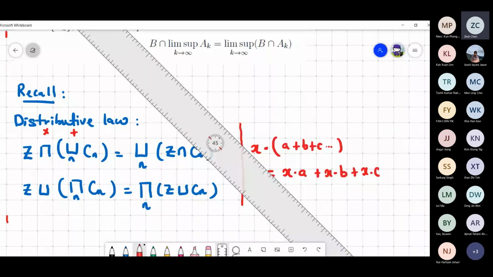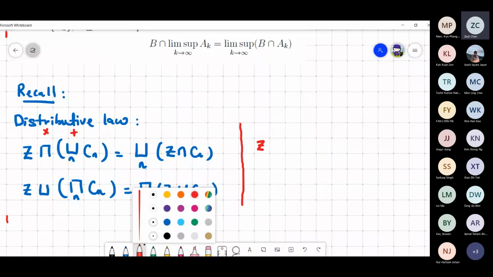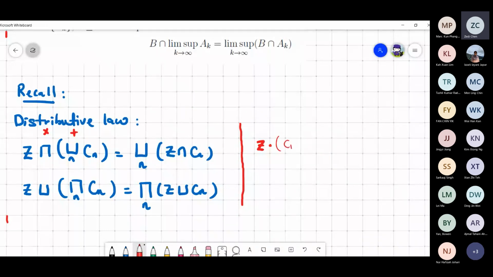We follow the same pattern: Z multiplying (C1 plus C2 plus C3 and so on) is just equal to Z multiplying C1 plus Z multiplying C2 and so on, so it ends up being the summation of Z multiplying C_n.